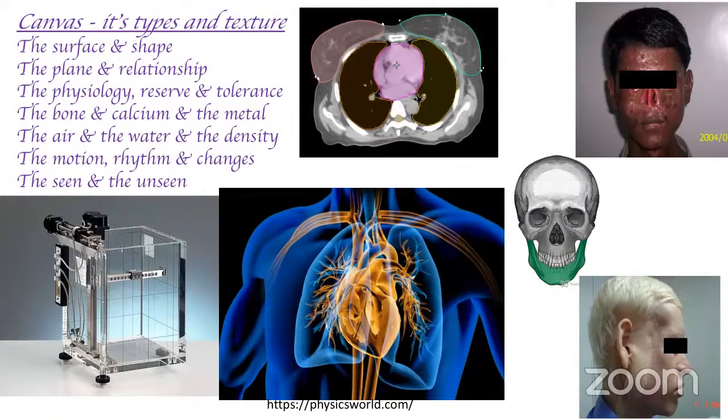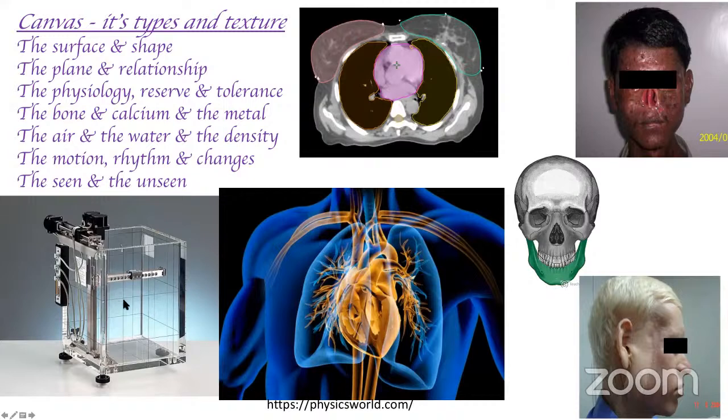So you have to know all those things. Plus, inside, if you look at the surface and the shape, the planes and relationship, the physiology, reserve and tolerance, the bone and the calcium and the metal, all these things come up. The air and the water and the density, the motion, rhythm and changes, and many things we don't even see. So what distribution is produced for the calibration of the machine, and on the TPS the beam data is put by using phantoms.